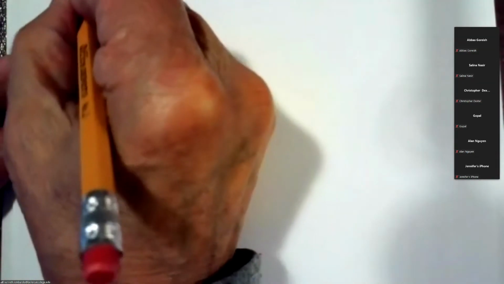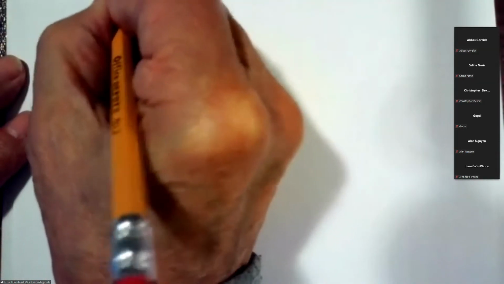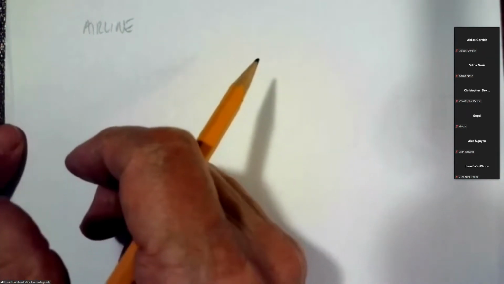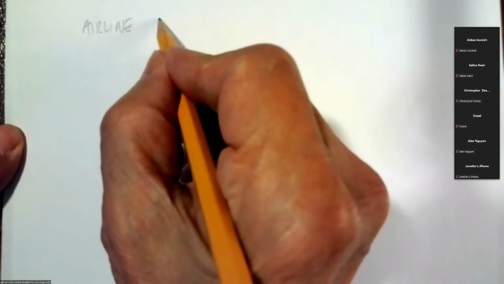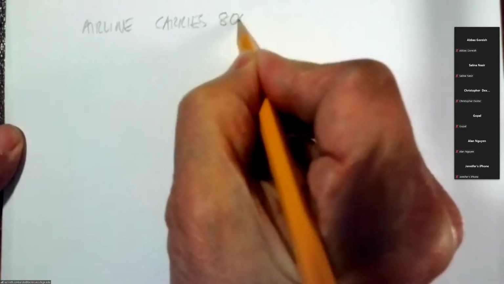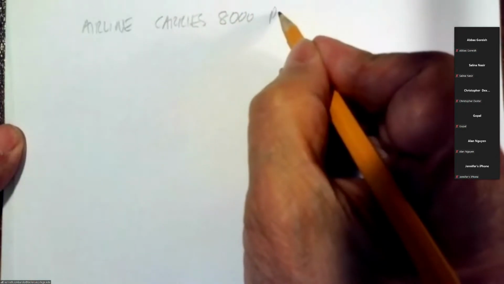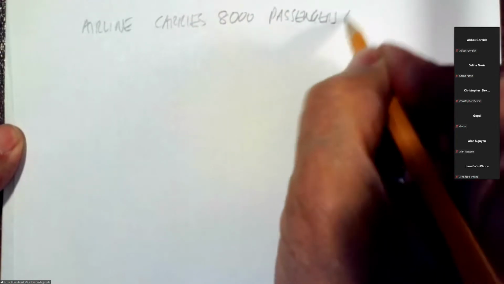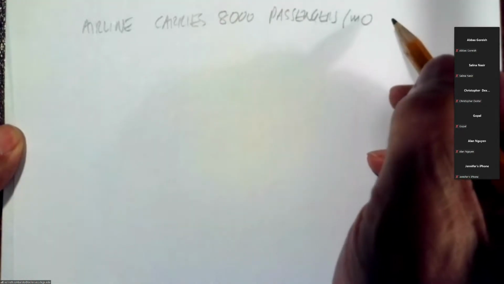Let's go ahead and take another example then. Let's say, this is kind of an interesting one. Let's say we run an airline. And our airline carries 8,000 passengers per month.